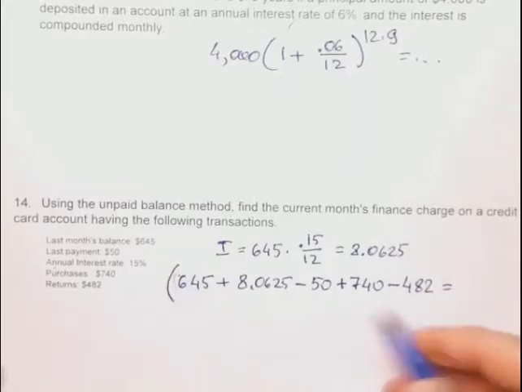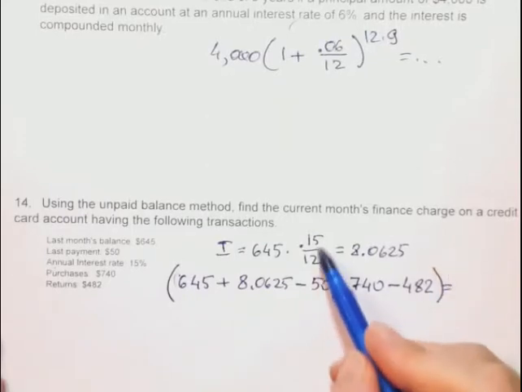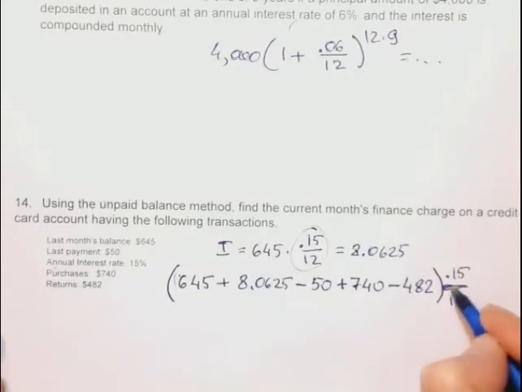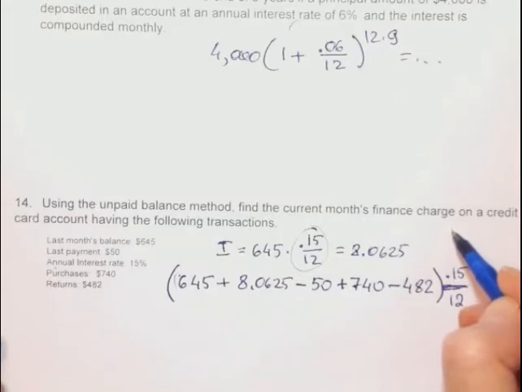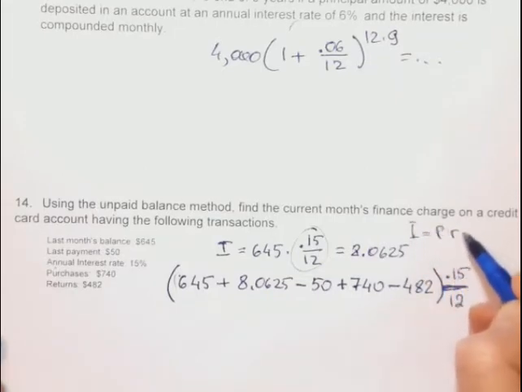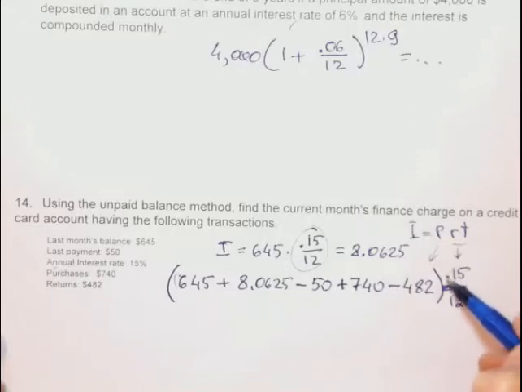And this new balance at the end of the month, you multiply by the same factor, 0.15 divided by 12, R over T. The time is 1 month. So our interest finance charge is always PRT. This time P is represented by this balance. RT is represented by R times 1/12.